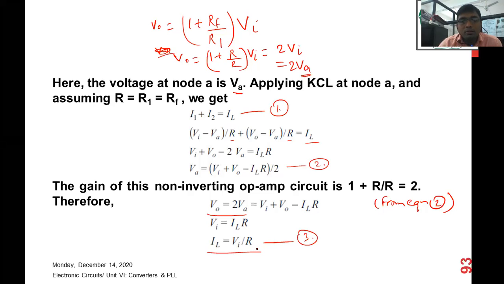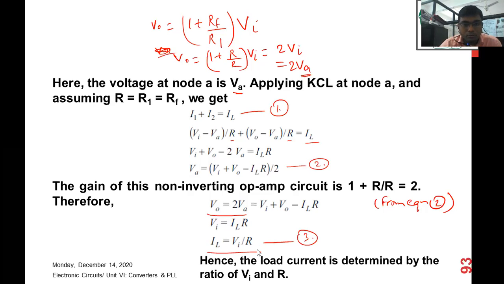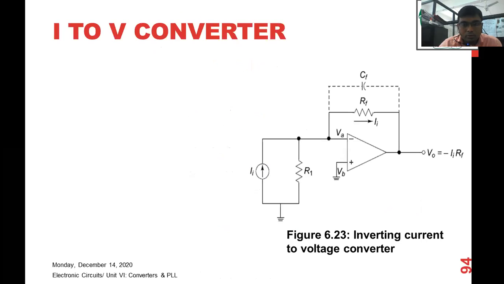Okay, so this is one of the converters that we have learned today. The second one is the current to voltage converter, which is also called a current controlled voltage source. So it is an I to V converter. There are again two configurations, inverting and non-inverting.